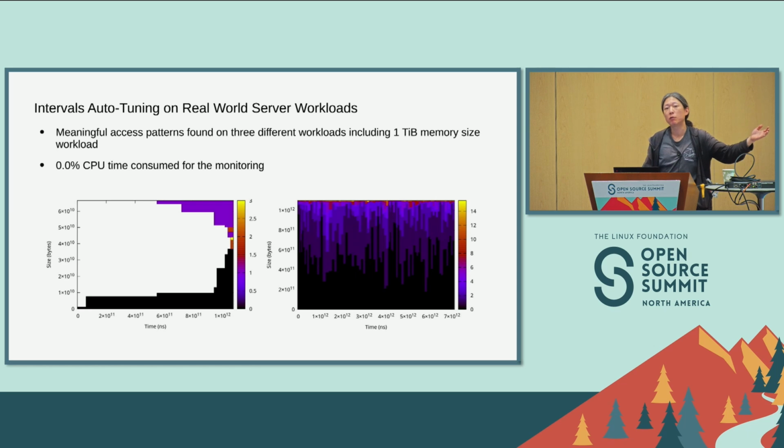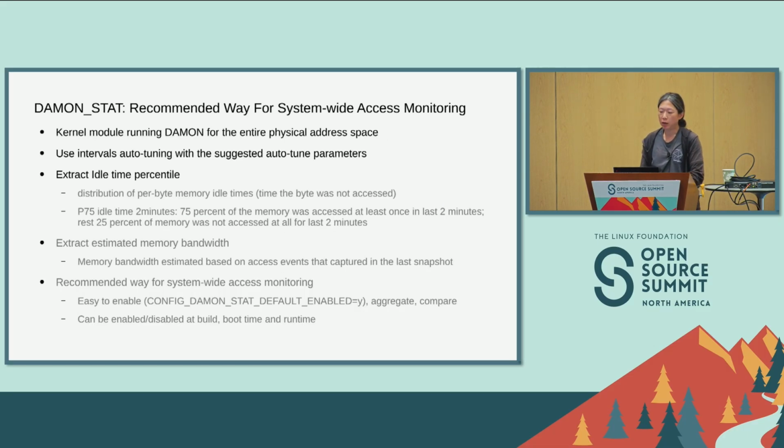What we found as the monitoring overhead in this test was that with the ps utility, the CPU usage of DAMON was always just 0.0% of single CPU time. Of course, it shouldn't be 0, but ps was accounting only to one digit after the decimal point, and that was the result.